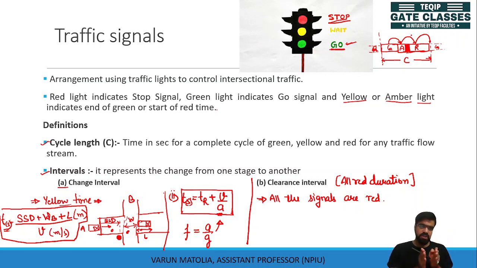That duration will be the same for all the intersections, because if it is red for me, it will be green for only one other direction. So for that direction, this duration will be a fraction of seconds of red, and then it will turn to green. So you can assume this red interval and change interval as the interval between the red and green times.